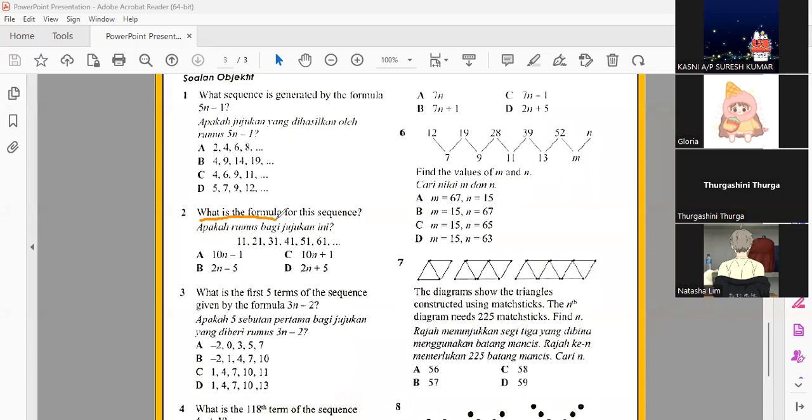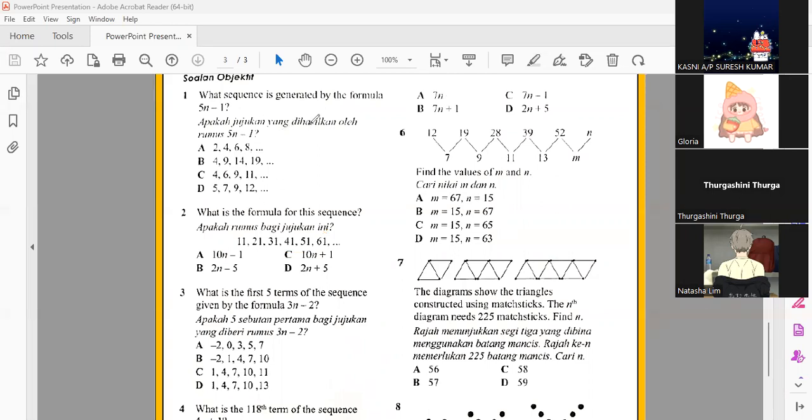Now, what is the formula for this sequence? They gave you a sequence and then they're asking you which formula is going to work for this. Again, if you don't want to crack your head too much, put in the values. For example, let's try.